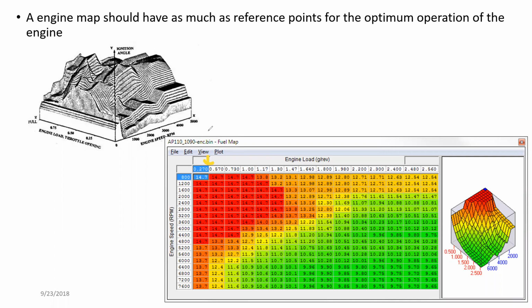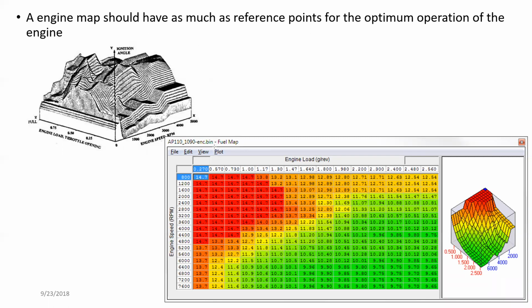Otherwise, what happens is, if the engine is not able to find an exact point, for example, let's say the engine finds the engine load is around 0.40, right?